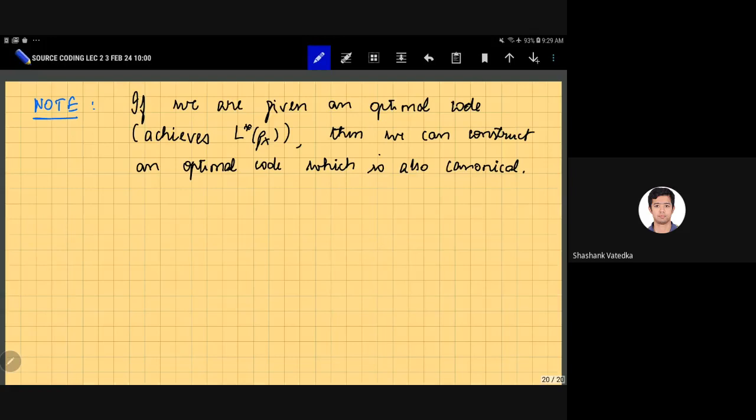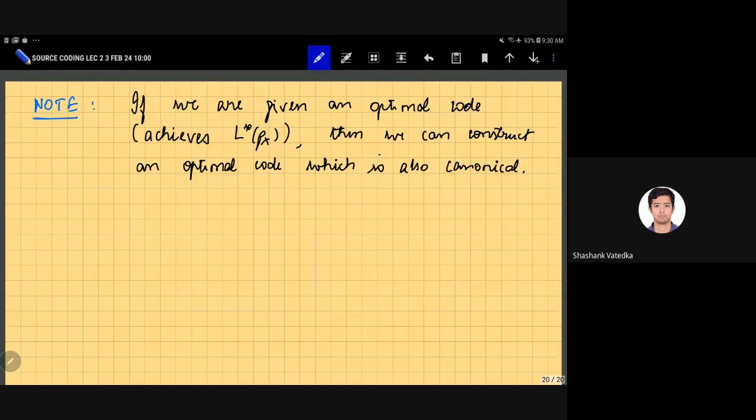Firstly, note that both canonical and optimal codes are not unique. There could be 2 different codes for the same probability distribution which achieve the same minimum expected length of L star of Px.